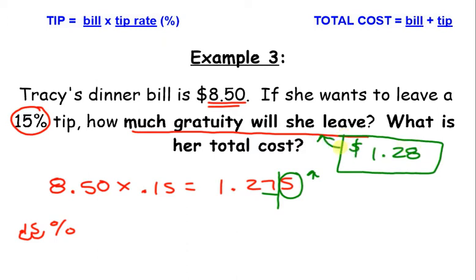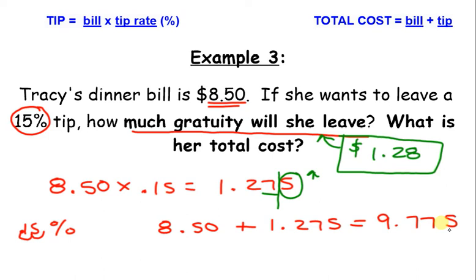However, we need to take this a step further and figure out her total cost. Because we're going to keep going with the problem, I'm going to take this full number and not round until the end. So take 8.50, which was the original bill, plus 1.275, which was the tip. Add those up, and you should get 9.775.